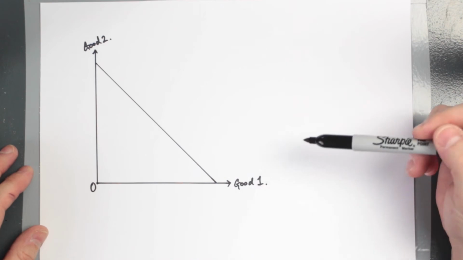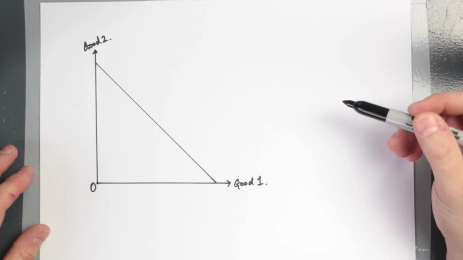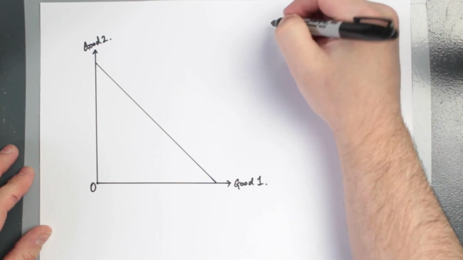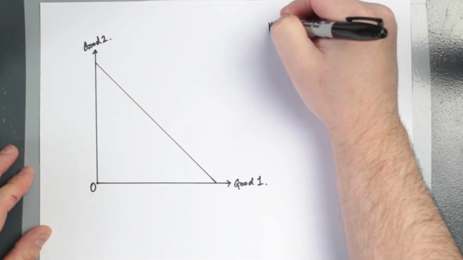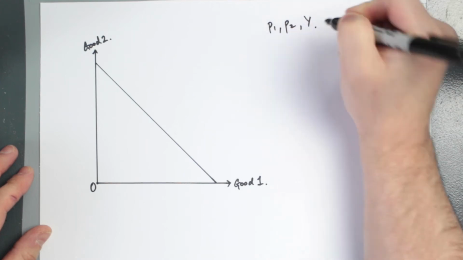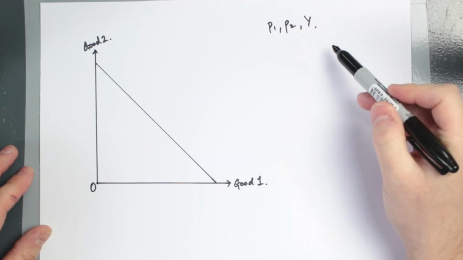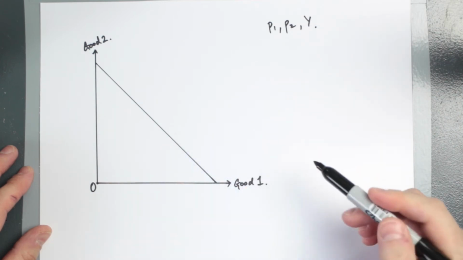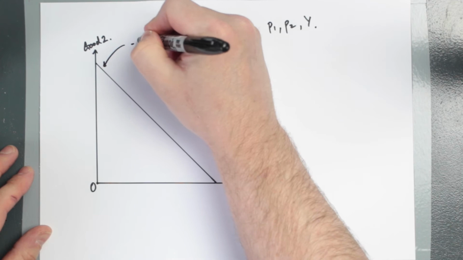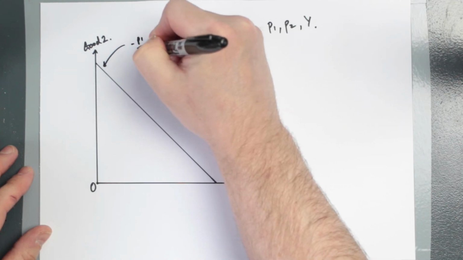I've prepared a commodity space diagram here, and I've just drawn in a budget line. So initially, we have prices P1, P2, and the consumer has income Y. We know how to interpret this diagram. This line has slope minus P1 over P2.